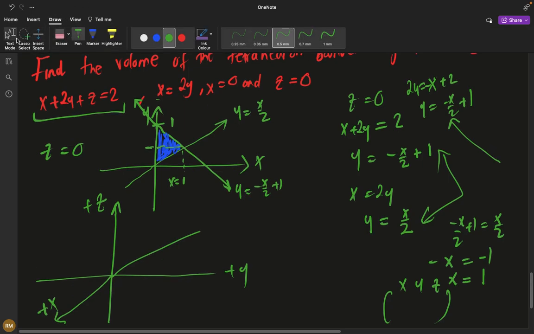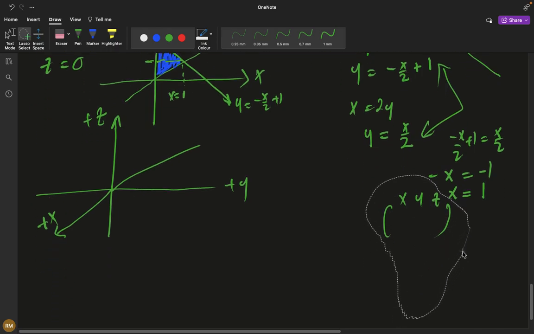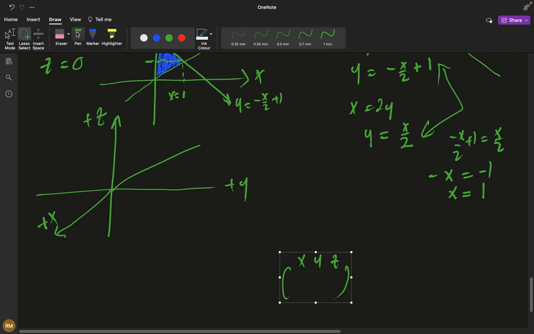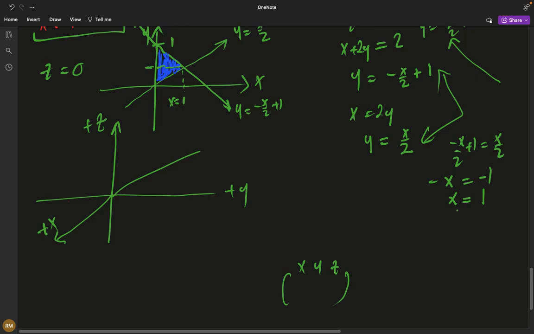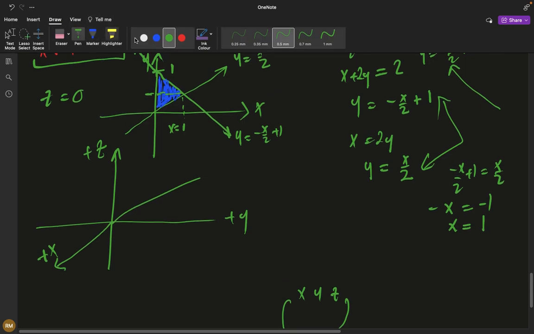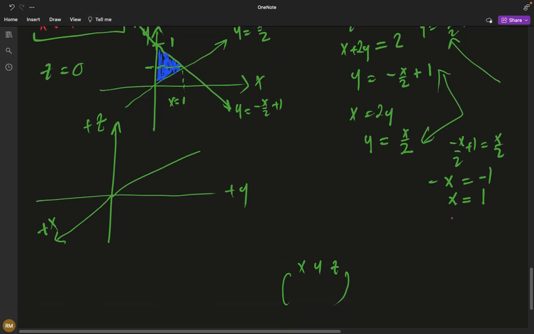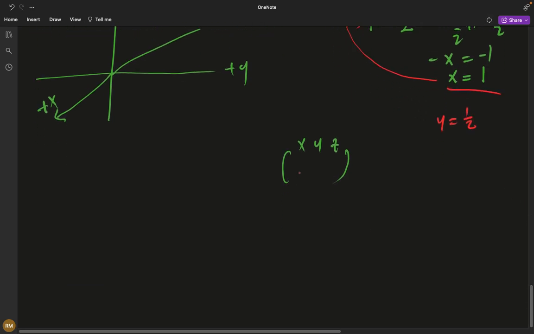Let me move this somewhere here. Since we found that x = 1, we can put this back into either equation. So that means y = 1/2. So our x is 1, our y is 1/2, and our z is 0, right?